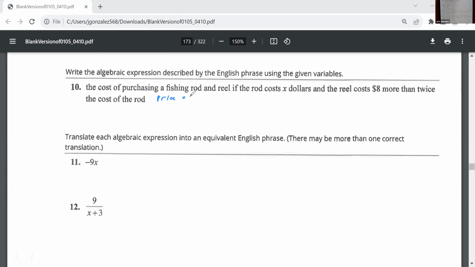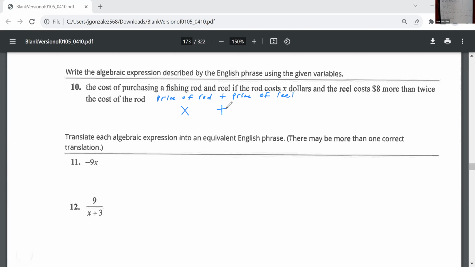The rod plus the reel price. So we agree that this is X plus, right?